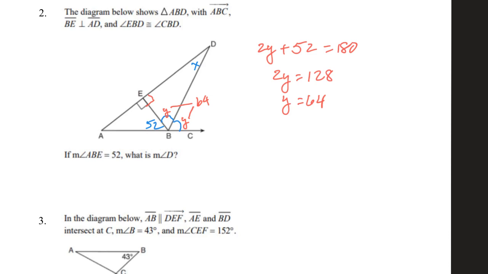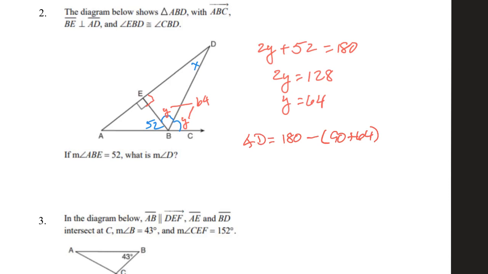So now I can go straight to the triangle sum theorem on triangle EBD to find my answer of angle D. So all I've got to do is 180. The measure of angle D is equal to 180 minus the sum of 90 for the right angle and 64, which we just found.